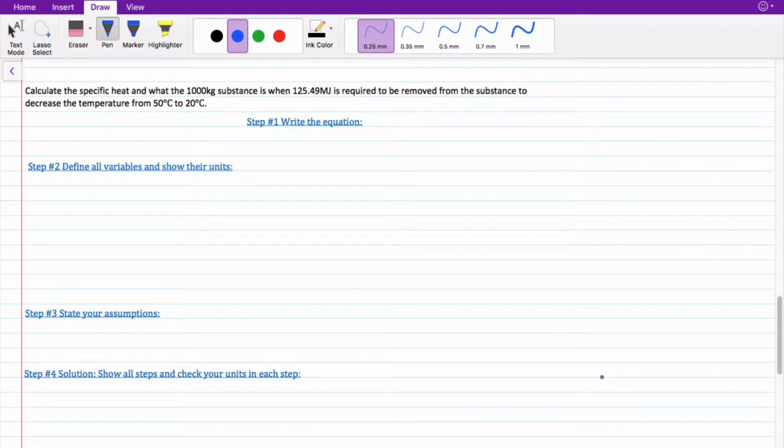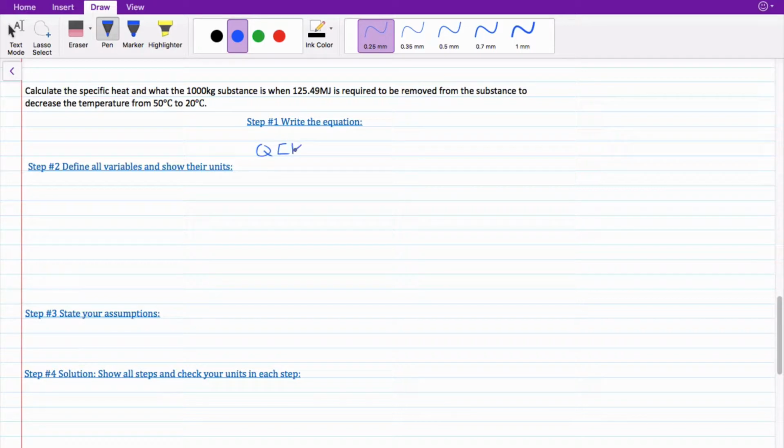So our last question here, the one that I see quite a few people struggle with, is: calculate the specific heat of a 1,000 kilogram substance when 125.49 megajoules is required to be removed from the substance to decrease the temperature from 50 degrees C to 20 degrees C. So first things first, I'll write out the equation we're going to use.